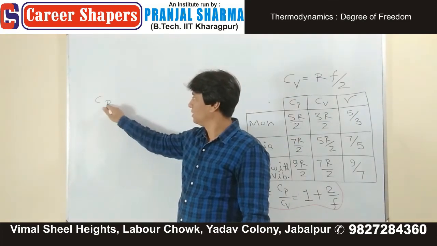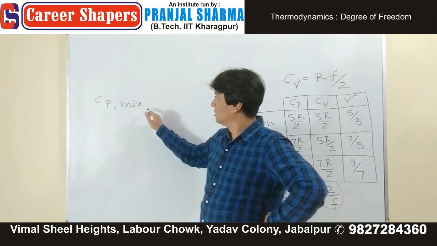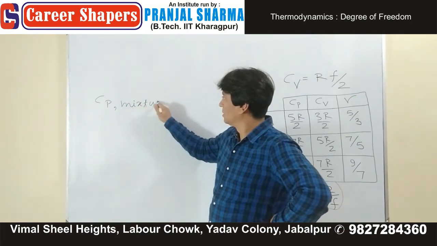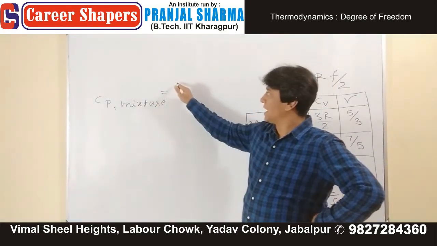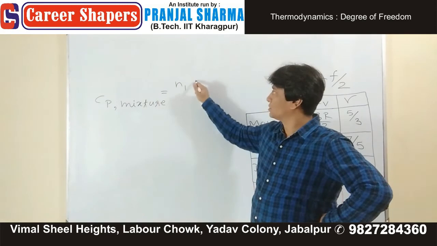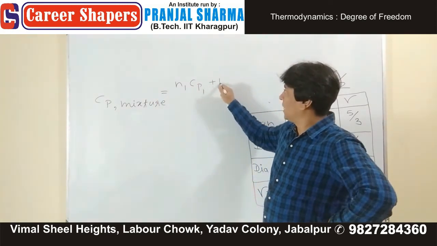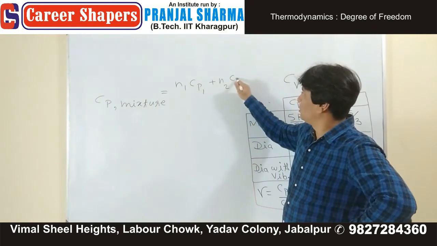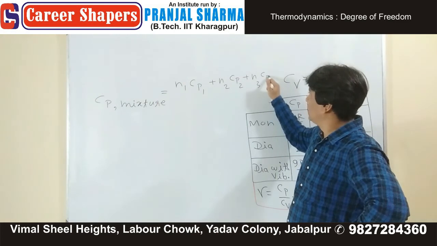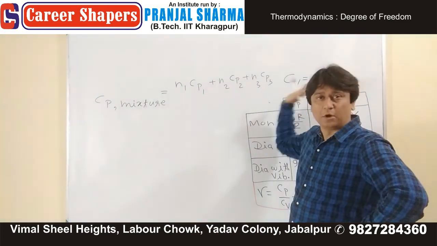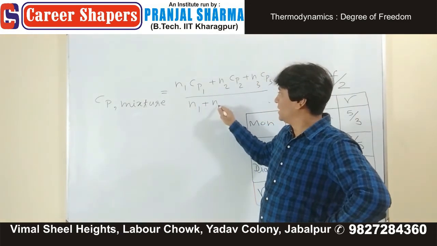CP of a mixture is, if you have got N1 moles of CP1 type, N2 moles of CP2 type, and N3 moles of CP3 type, and so on, divided by N1 plus N2 plus N3.